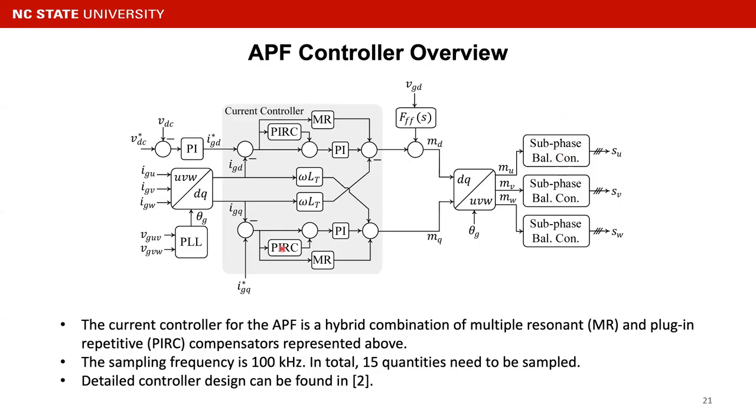The sampling frequency for the whole control system is 100 kilohertz. And as you can see, in total, we have 15 quantities needed to be sampled at this high frequency. For more details of the controller design, you can refer to our published paper here.